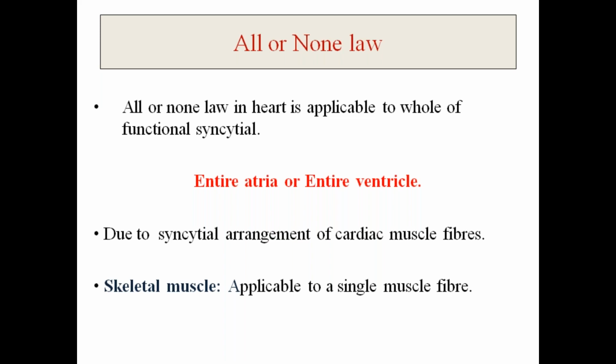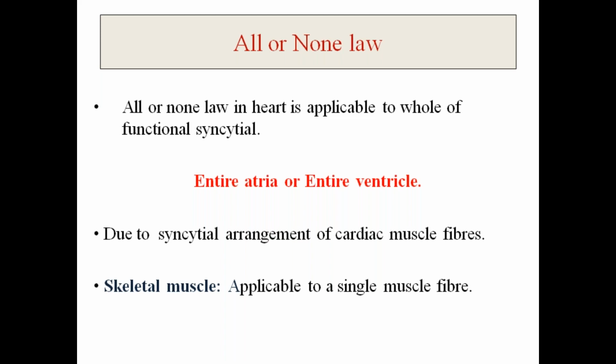If you give a stimulus of threshold level to the atria, then you will see the action potential is created at the atria, and this action potential is conducted throughout the atrium, because these muscle fibers are connected to each other through interconnectedness.